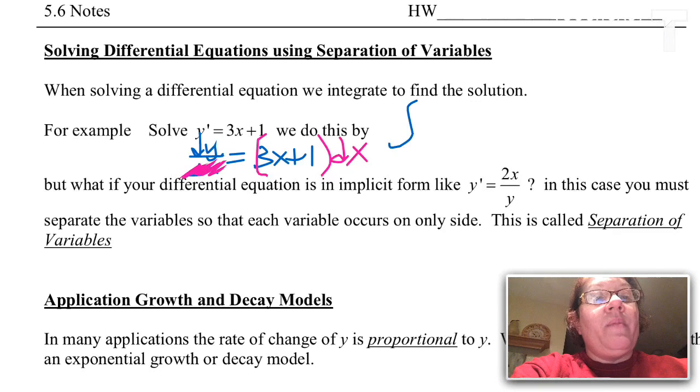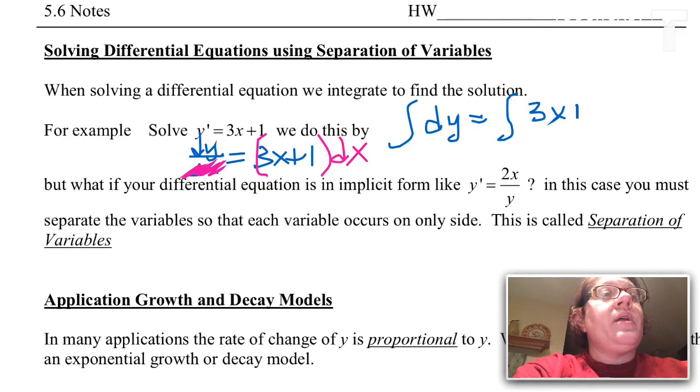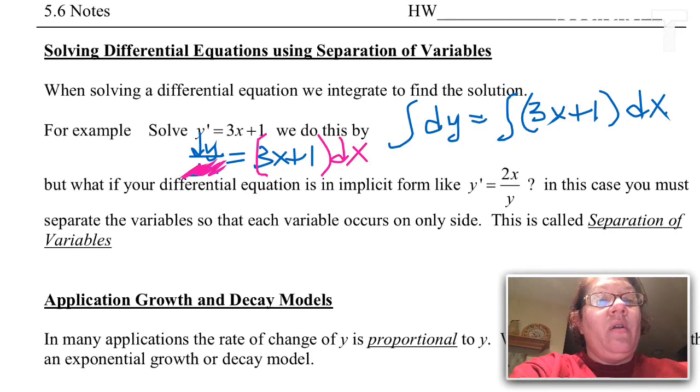So really I'm integrating dy on the left and (3x + 1) dx on the right, which makes sense because on the left, well, I don't have a variable there, but of course we know there is a number, and on the right everything is in terms of x. I'm integrating with respect to x.